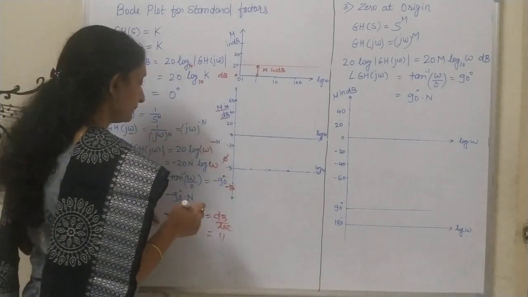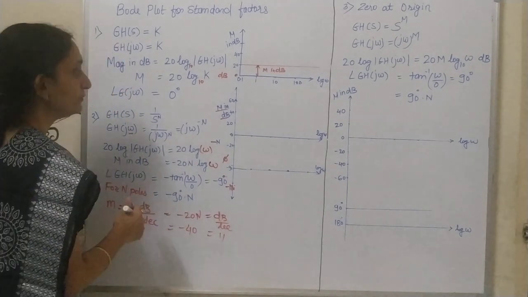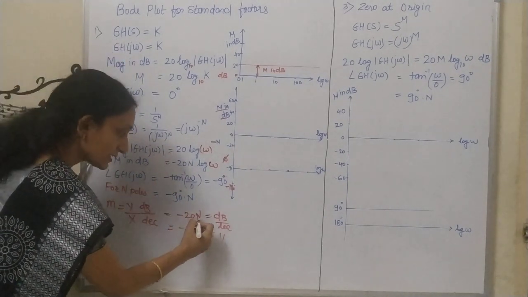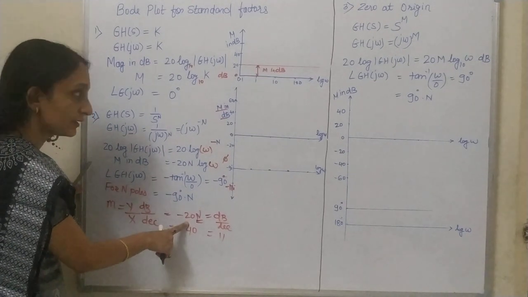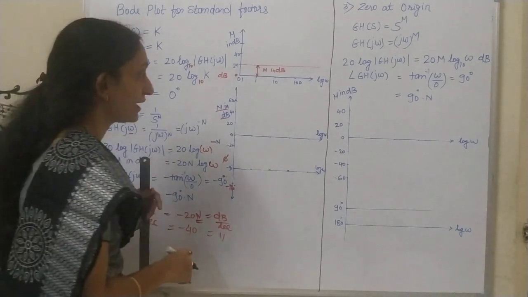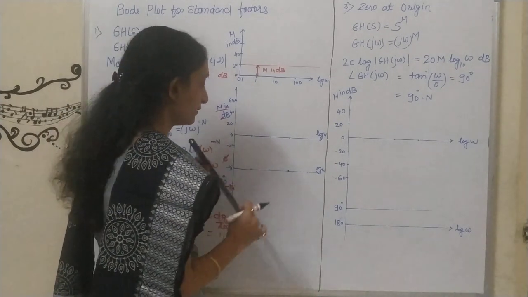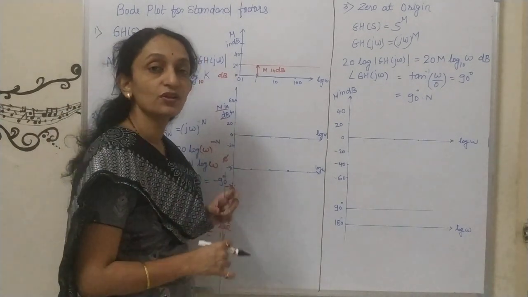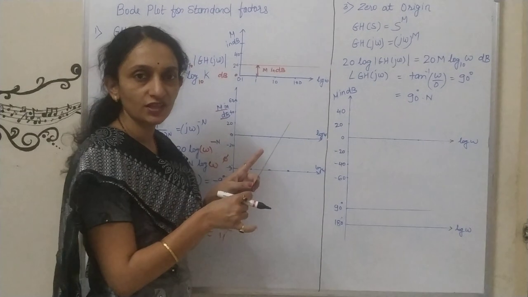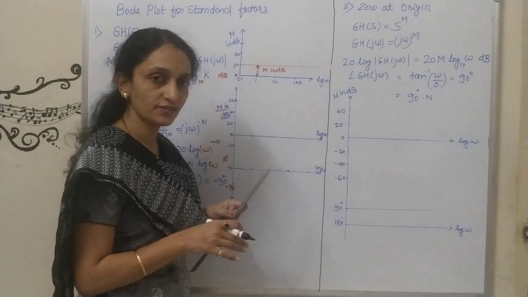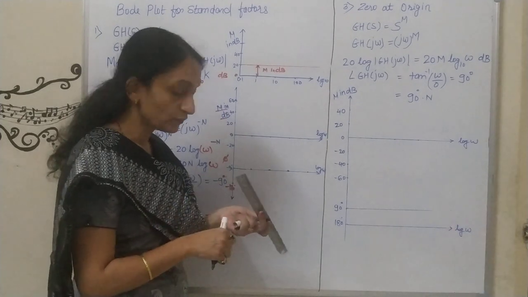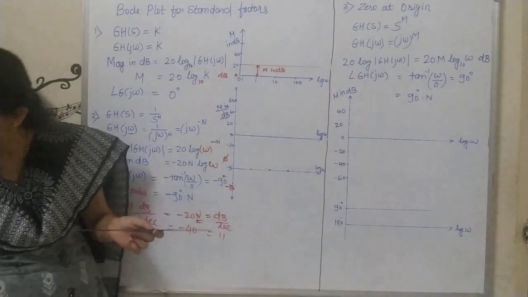Now see, first of all, for n is equal to 1, I need to show the line slope minus 20 dB per decade. So how will I show minus 20 dB per decade? For that you need to use a roller scale. I am using a simple scale, but it is always easy to draw the parallel line using a roller scale. So please use a roller scale for drawing parallel lines.